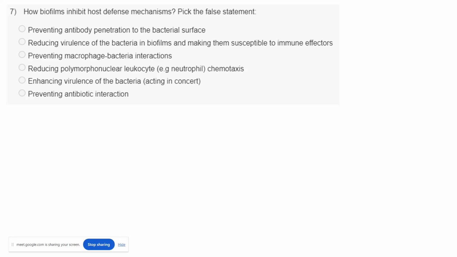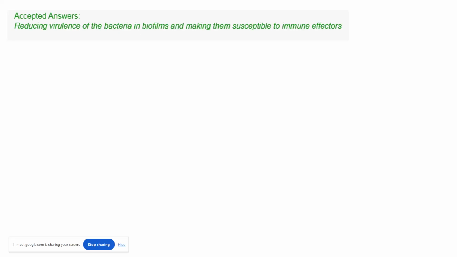How do biofilms inhibit host defense mechanisms? Okay, option 2 is the correct answer.